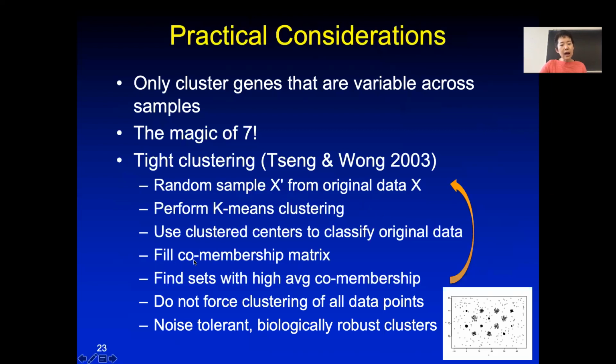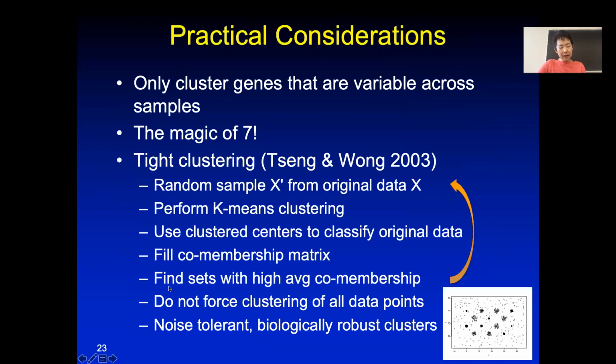Each time you calculate which two genes are in the same cluster, so you can fill this co-membership matrix. Supposedly we do this 100 times, and you ask, this pair of genes, they are in the same cluster in 60 out of the 100 times. The other two genes are only in the same cluster 1 out of the 100 times, and so on.